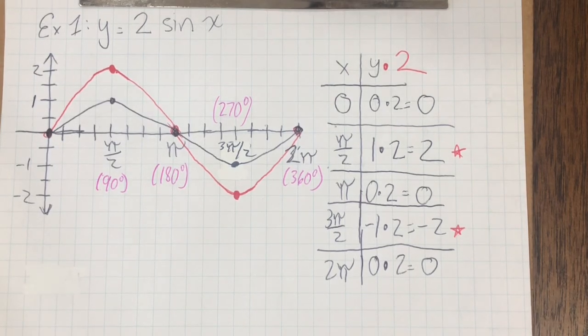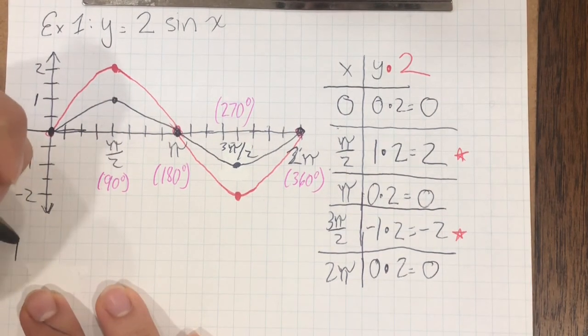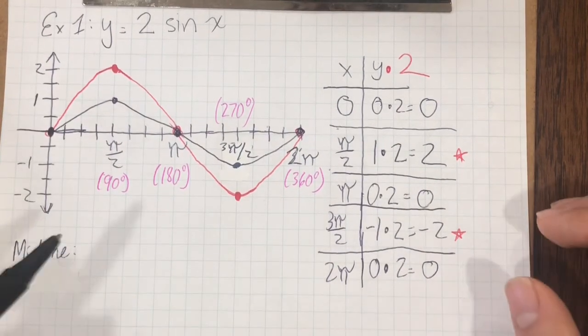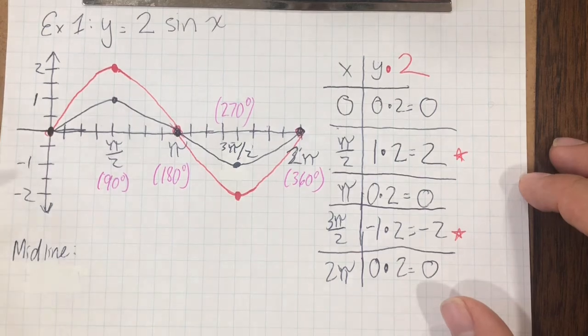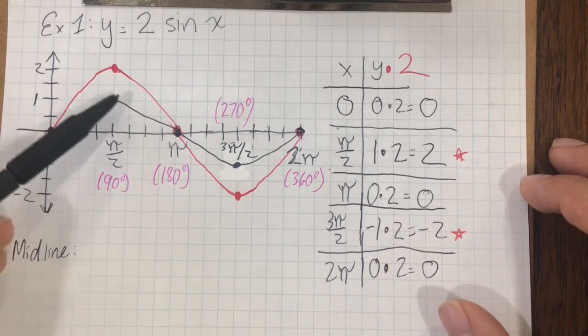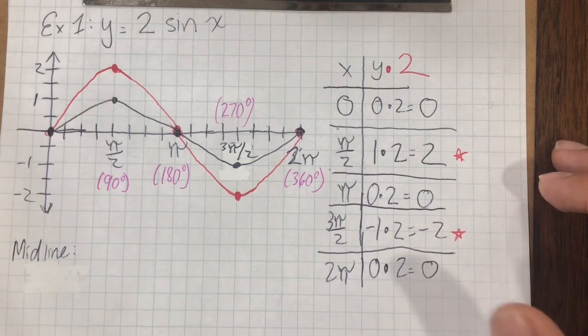So for this one, before I move on to the next problem, let's just describe some of the characteristics, specifically the midline, the amplitude, and the period. So for the midline, we see that the midline for both the original graph and the new graph is y equals 0.